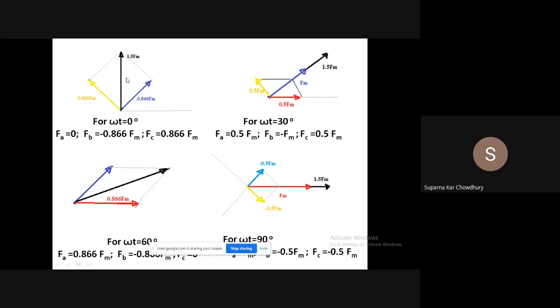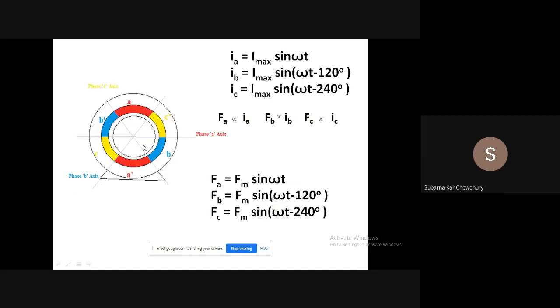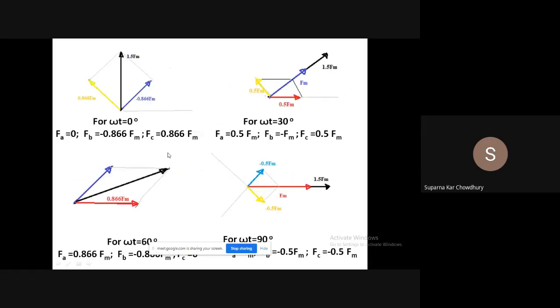If we draw the figures, this is the positive direction of axis A, this is the positive direction of B phase, and this is the positive direction of C phase. So FA is 0, FB is negative, and this is FC. The addition of these two will be 1.5 FM along this direction.